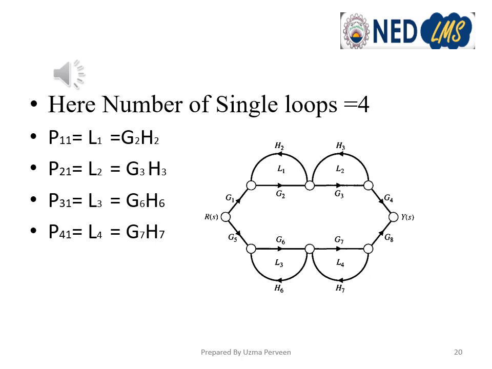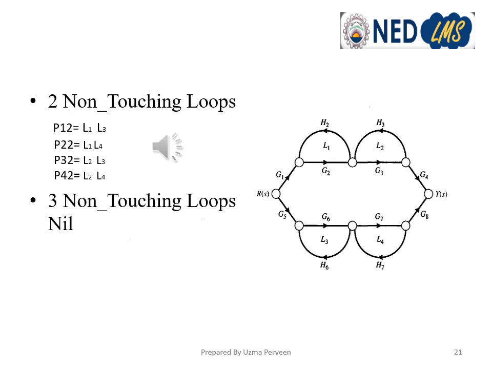L1 is at the top left, L2 at the top right, L3 at the bottom left, and L4 at the bottom right, and the corresponding loop gains are G2H2, G3H3, G6H6, and G7H7. So here we have four loops.